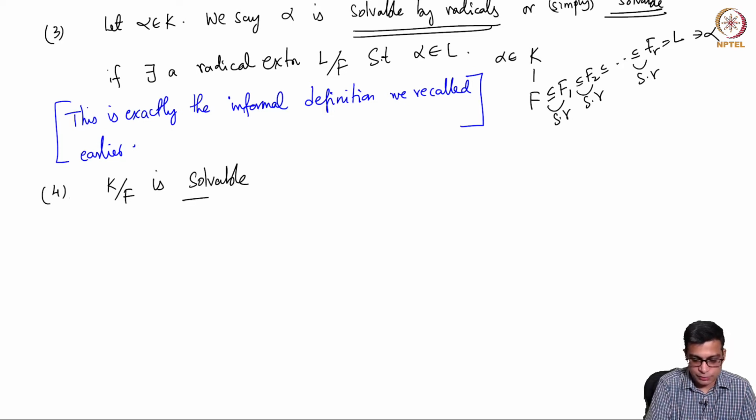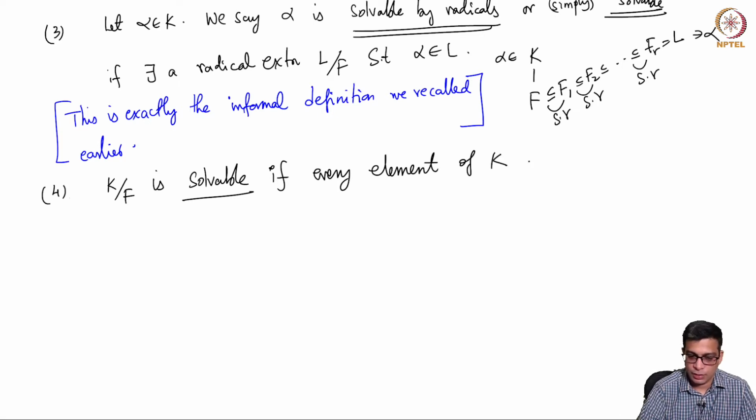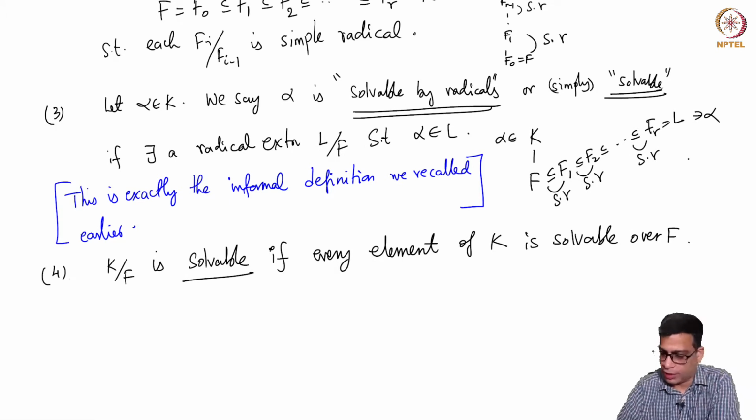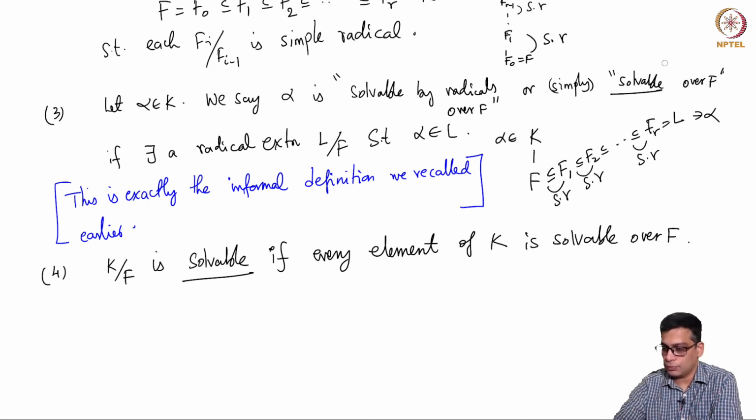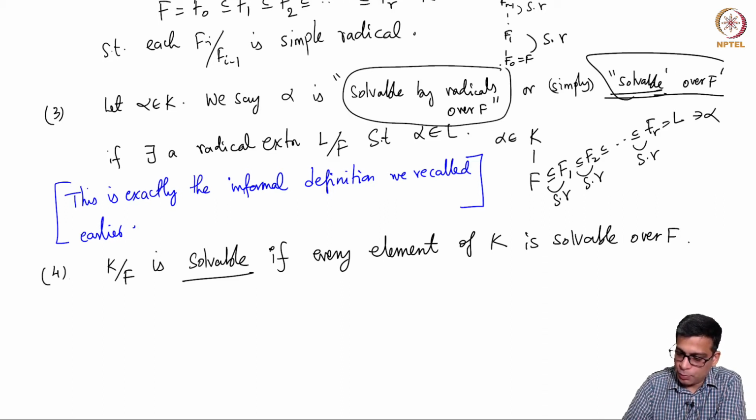K over F is solvable if every element of K is solvable over F. I should really write here solvable over F. It is important to put that over F statement, because solvability is a property relative to the base field; if you change the base field, something may be solvable or not.